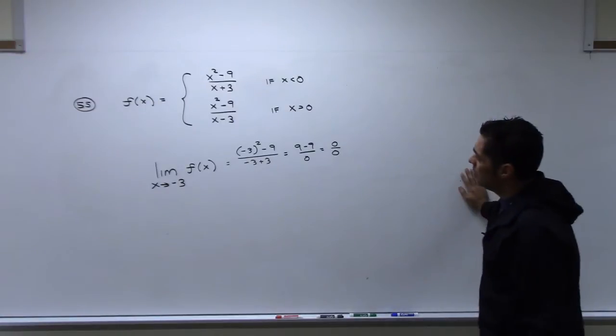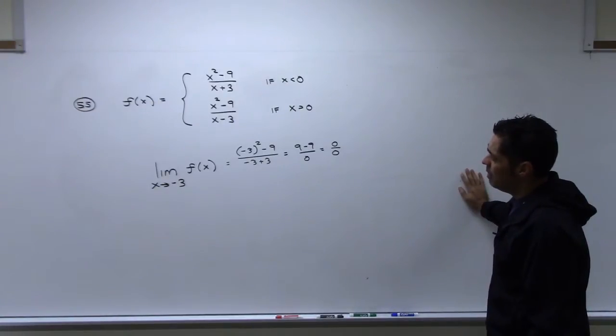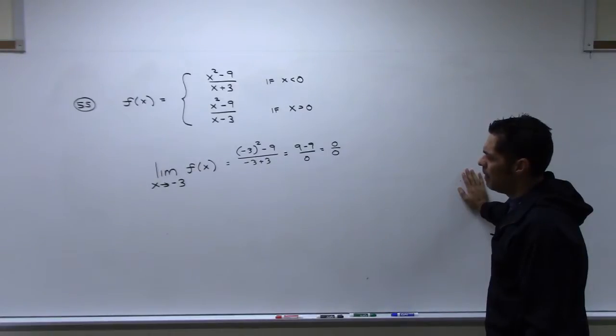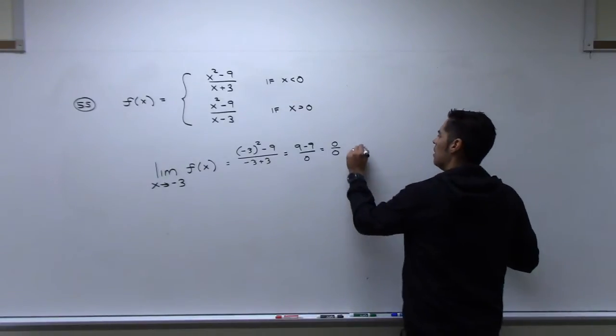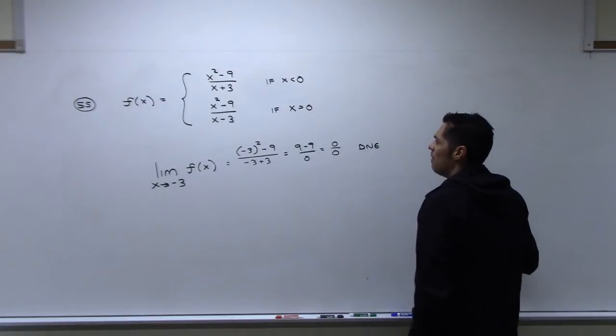And that is a problem because it appears that we have this weird 0 over 0 thing. And so what we will say for this is that this does not exist.